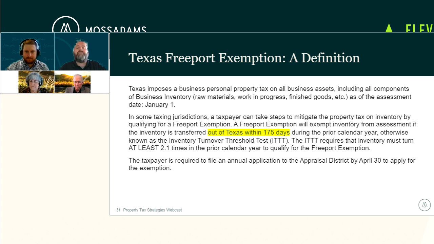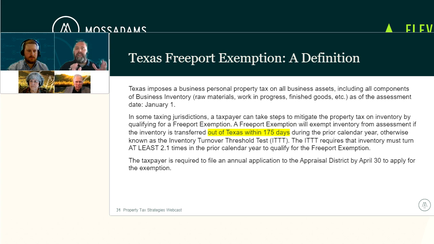In some taxing jurisdictions, so the Freeport exemption is not a statewide exemption, it is a local option. You can mitigate your property taxes if you ship out of the state of Texas and your inventory turns at least 2.1 times, or as it's highlighted here, within 175 days.